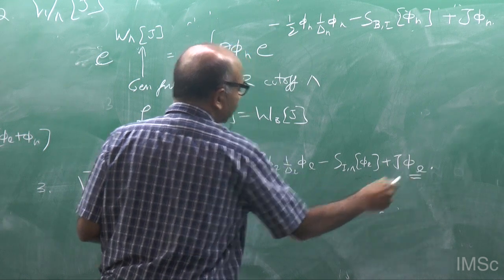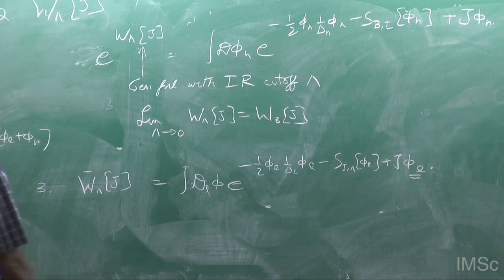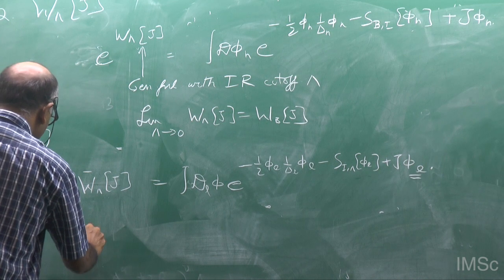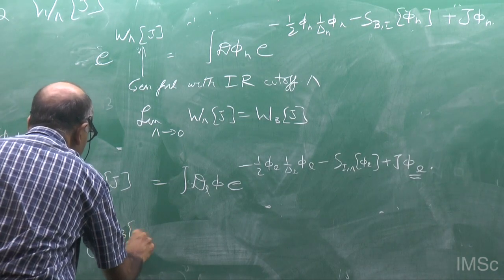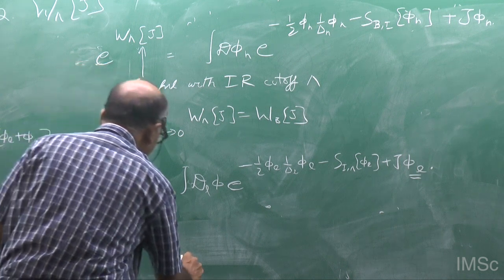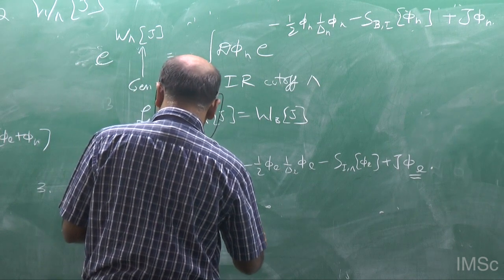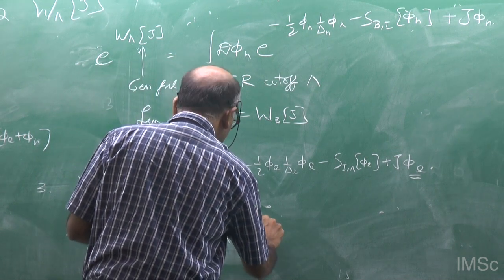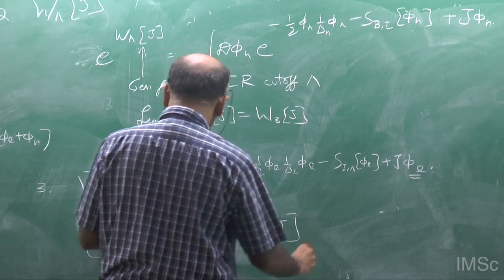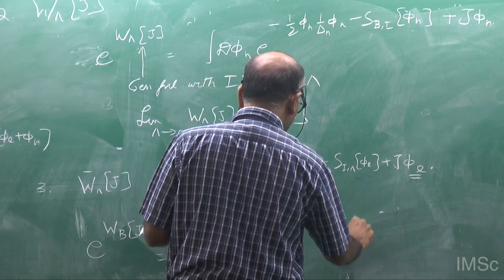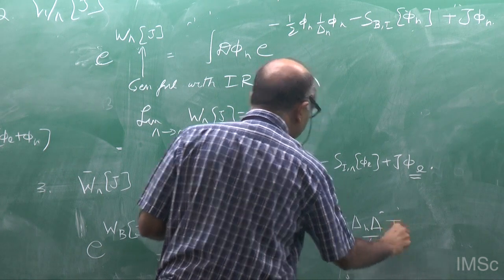This J is defined here as coupling to phi L, not the same as the J that couples to the original generating functional, and the connection was, you can write e to the W of J, the full generating functional, as this e to the power of W lambda bar with a scaling factor which is delta by delta L J minus half J delta H delta by delta L J.